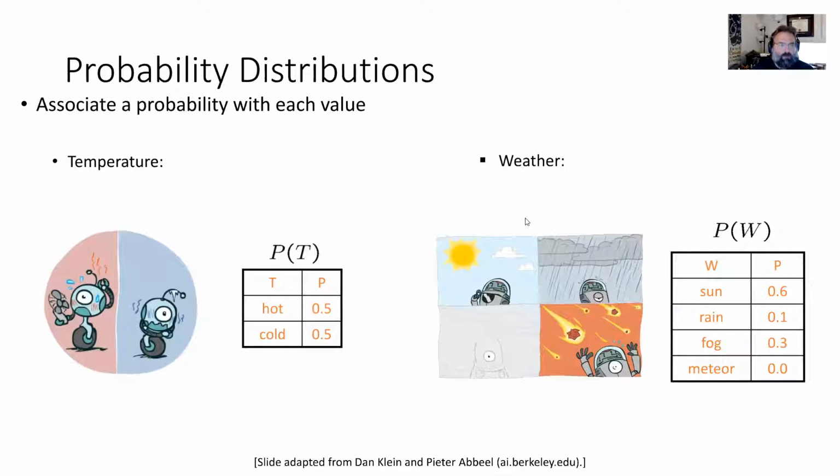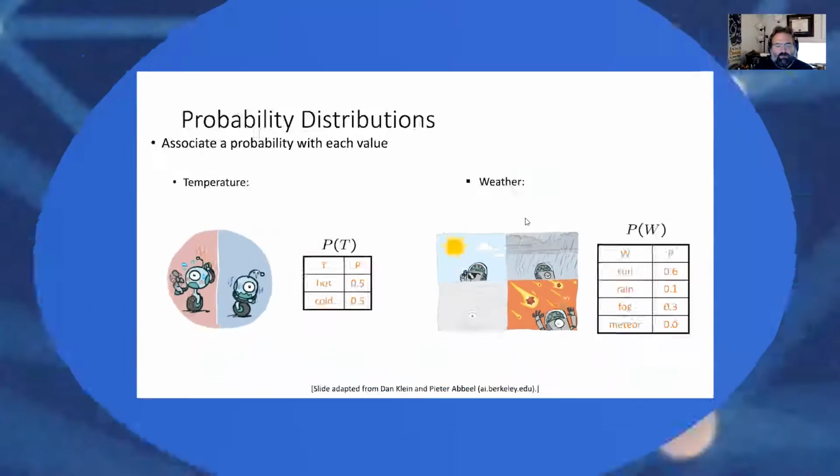Talking about probability distributions, it is essentially a probability that is associated with a value. So the probability of it being hot or cold may be an even split, although that's unlikely depending upon, I guess, where you live. The weather, whether it's raining or foggy or whatever else, may have some different probabilities. Meteor is probably a non-zero probability, but it is probably very small.